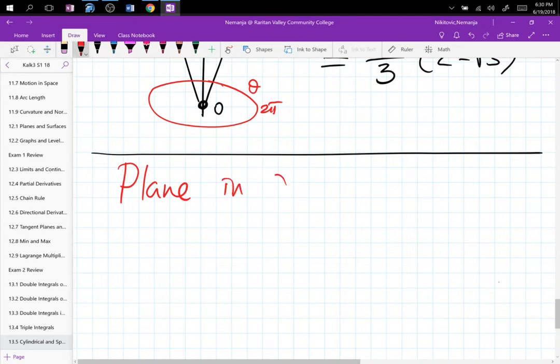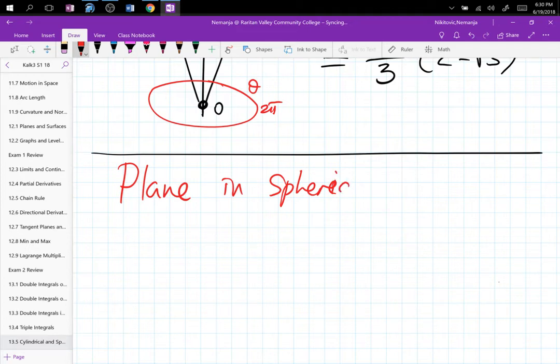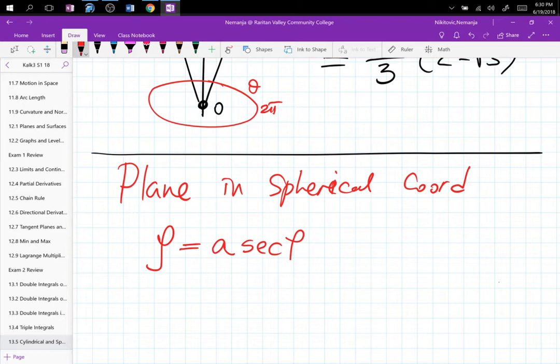A plane in spherical coordinates. Now, guys, if you have a plane in spherical coordinates, the equation for that plane will be given as rho equals a secant phi.